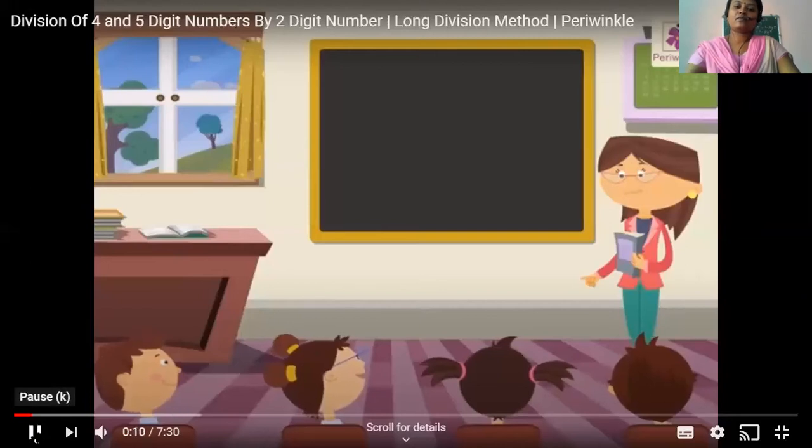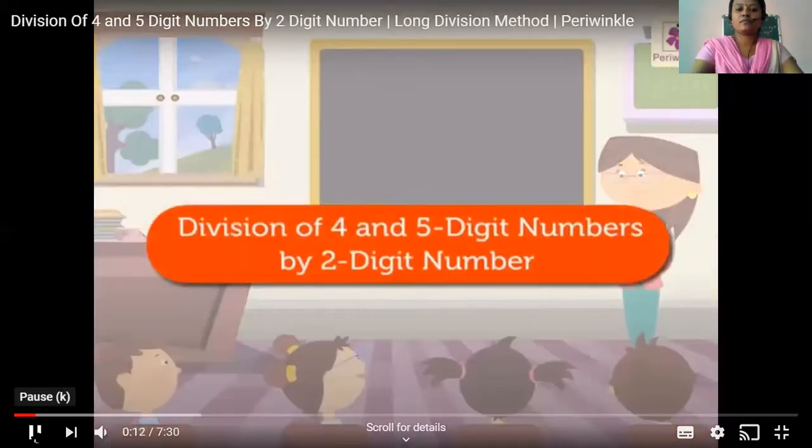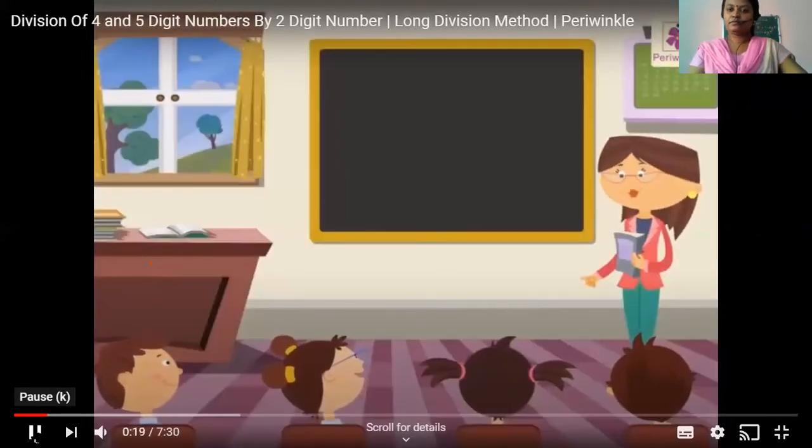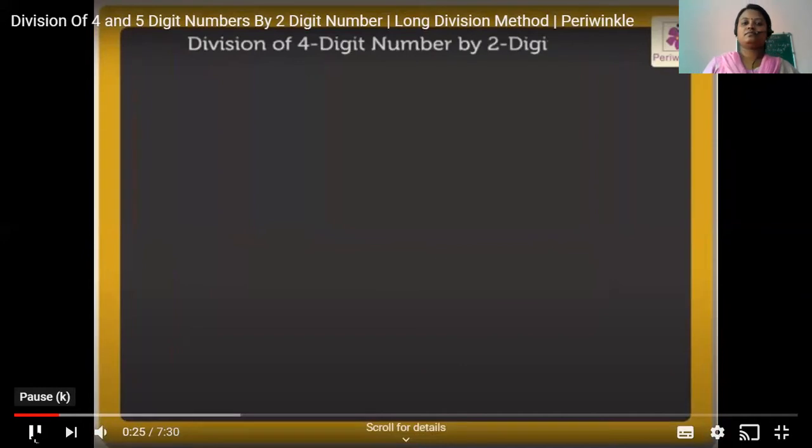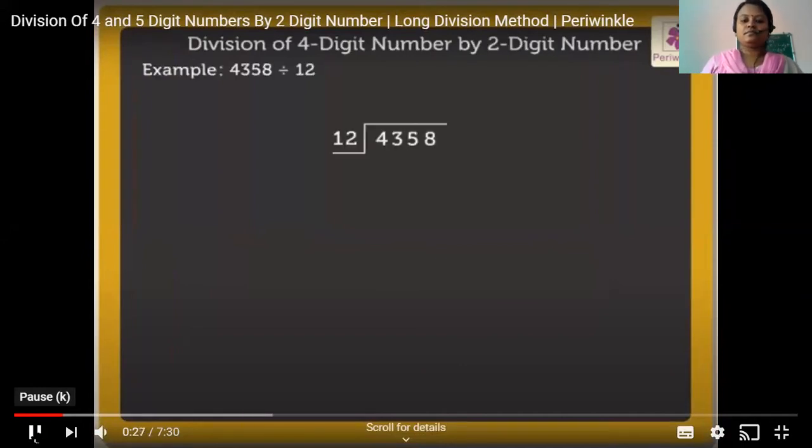Let us study about division of 4 and 5-digit numbers by a 2-digit number. Let us solve an example to understand division of 4-digit numbers by a 2-digit number. Divide 4,358 by 12. To solve this simple division, there are 5 steps. Step 1 is to compare the digits.